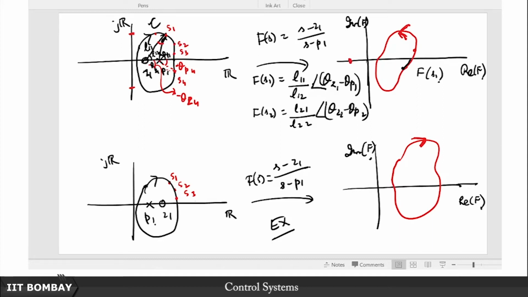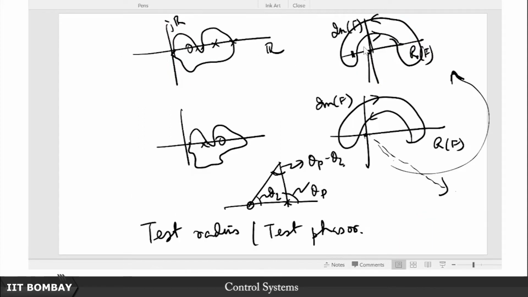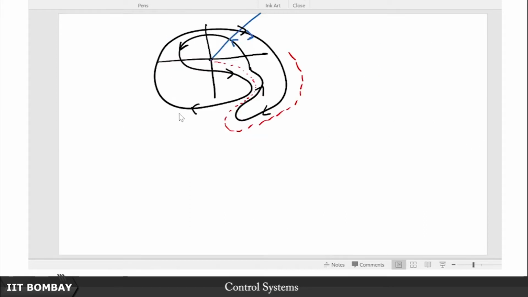But if you get really complicated contours, such as the one I have drawn here, this intuition might not always be straightforward and obvious. So what you then do is draw this test radius or test phasor, and see how many times it cuts across this contour, and then you count the sense in which it is cutting across. Here it's going counterclockwise, here it's going clockwise, so they have a nullifying effect.